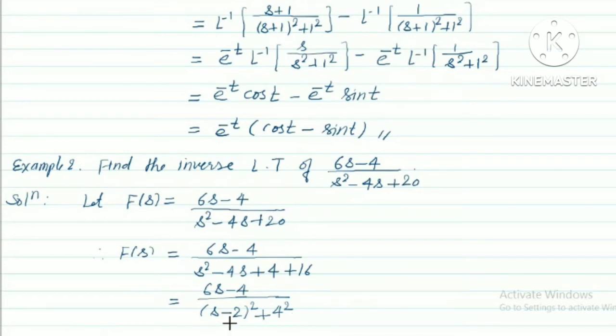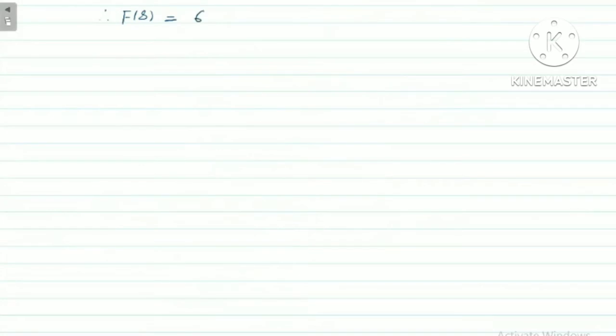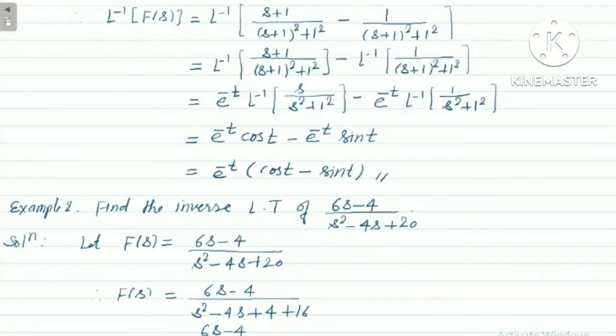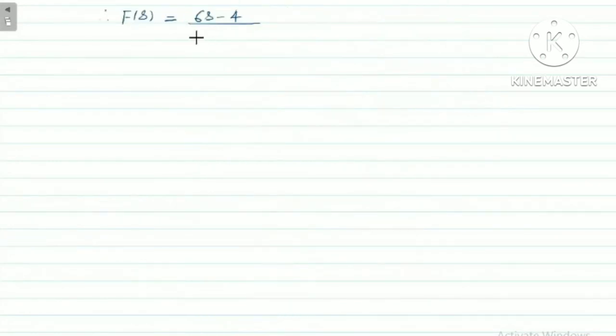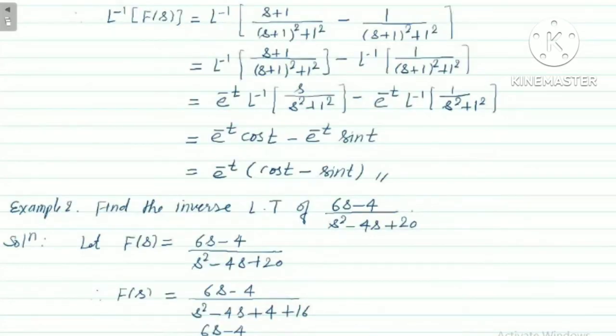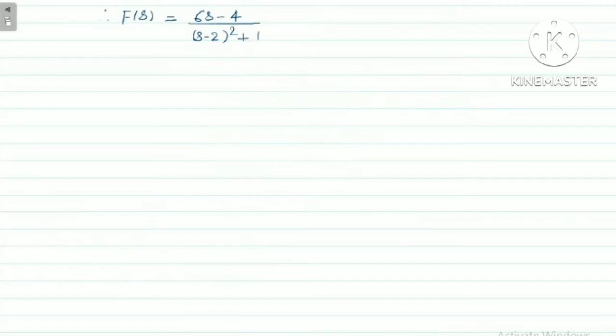Now we have the idea to adjust the numerator here, such that we can take 6 common from the numerator. So we write the next step once again: 6s minus 4 divided by s minus 2 whole square plus 4 square.